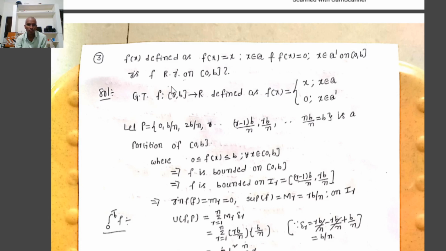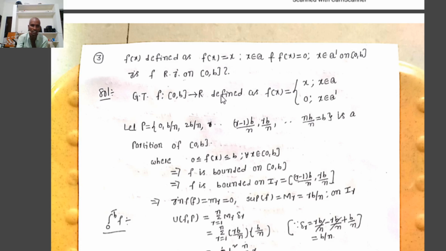Is f Riemann integrable on [0, b]? Here the function f(x) is defined as f(x) = x such that x belongs to Q, and f(x) = 0 such that x belongs to Q'.